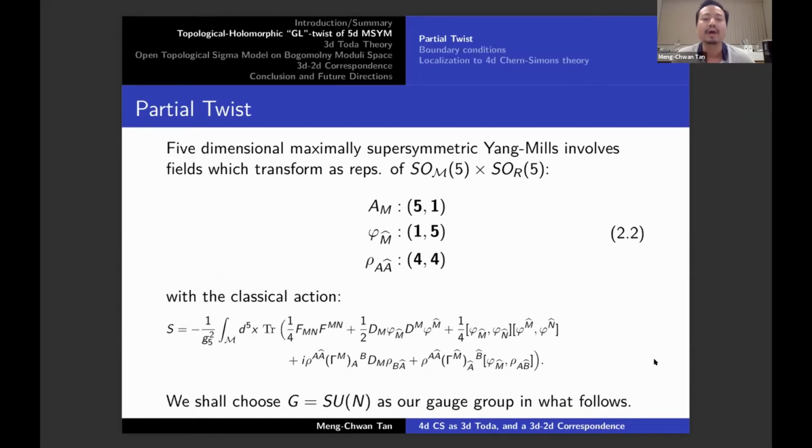You have the gauge fields, the 5 gauge fields that transform in the 5 of the Lorentz or space-time group, and then you have these scalar fields, which transform in the 5 of the R-symmetry group. And of course, you have 16 supercharges for N equals 2 in 5 dimensions, and we have spinors which transform in the 4 and 4 of SO5 cross SO5R.